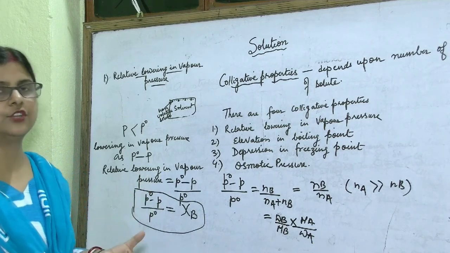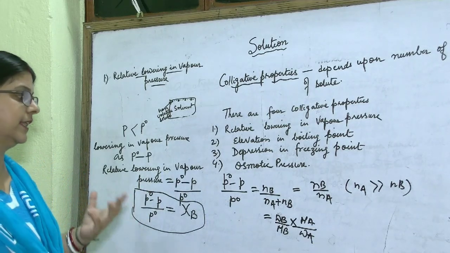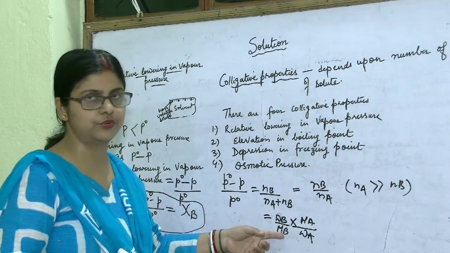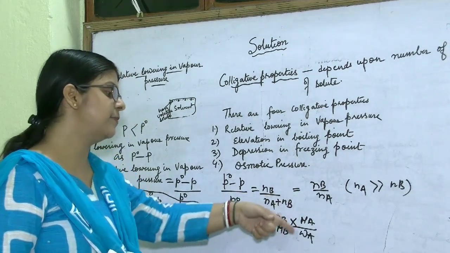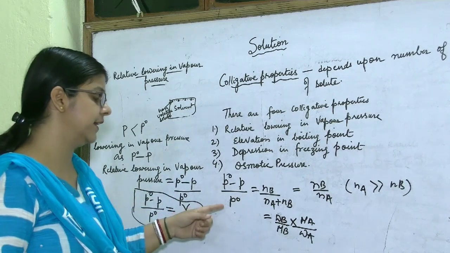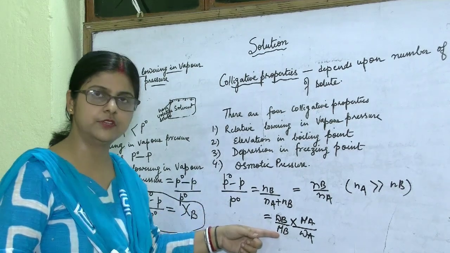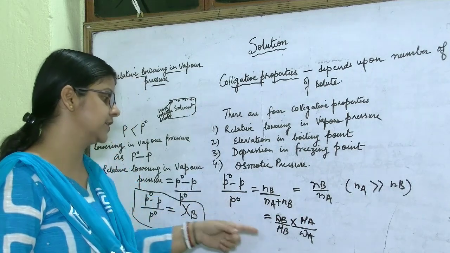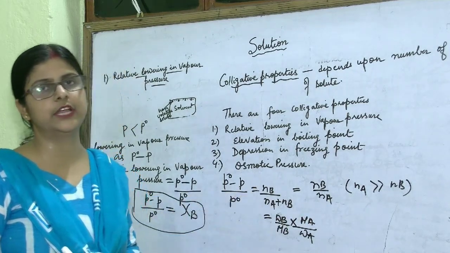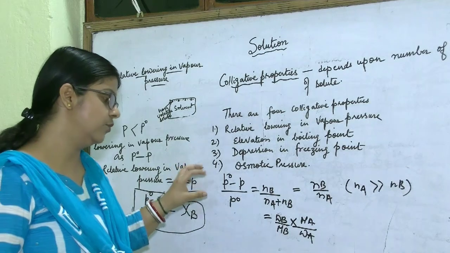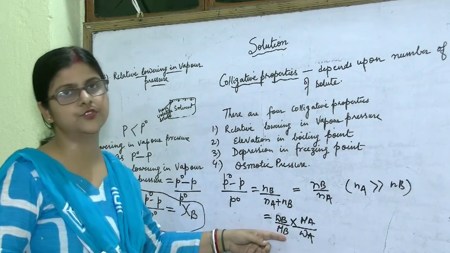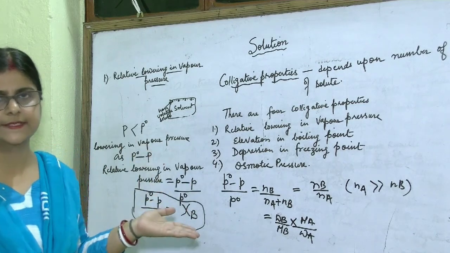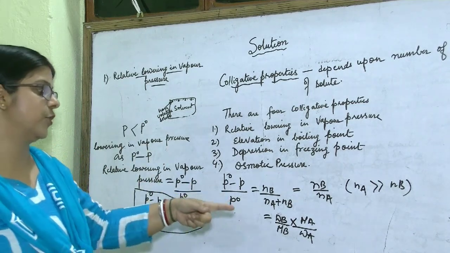Sometimes in your questions you will find that they ask to calculate the molecular mass of the solute. Knowing the other parameters, we can easily calculate the molecular mass of the solute, or anything else asked related to this, with this formula.